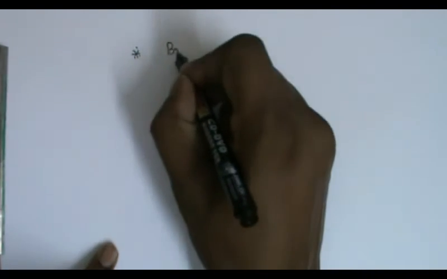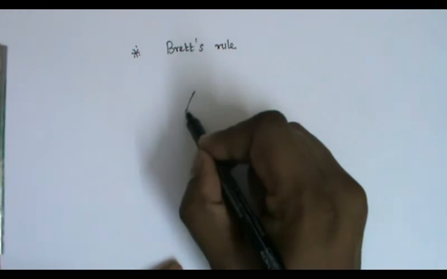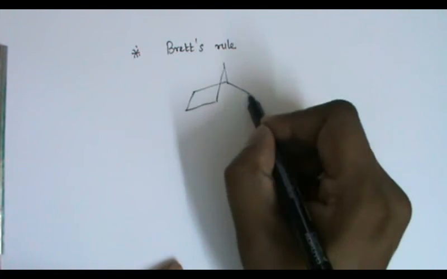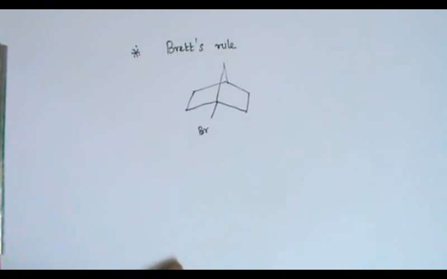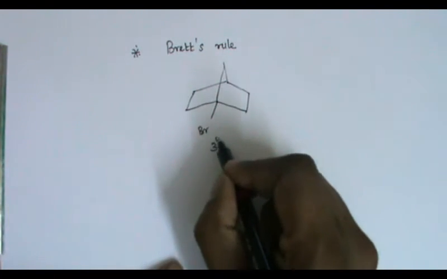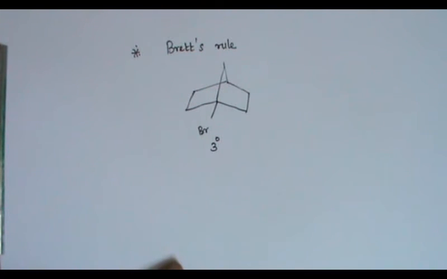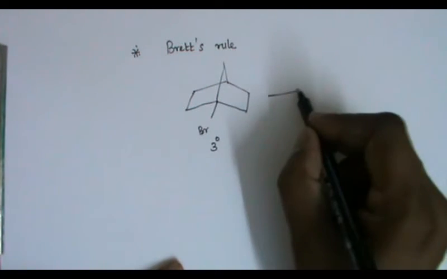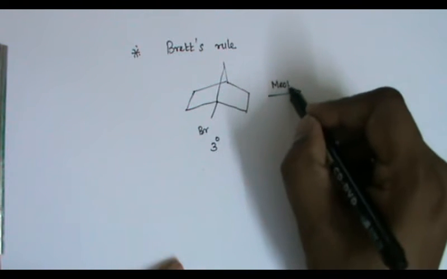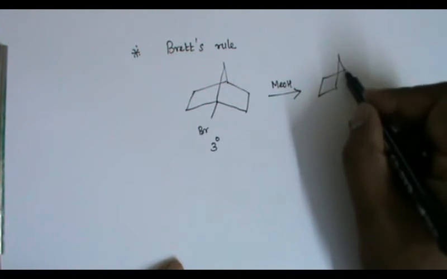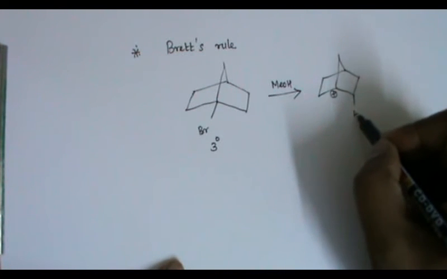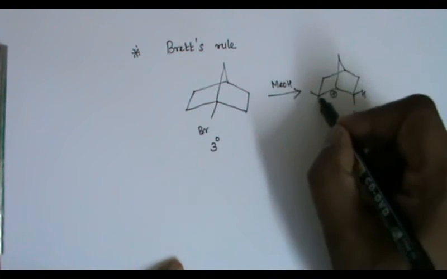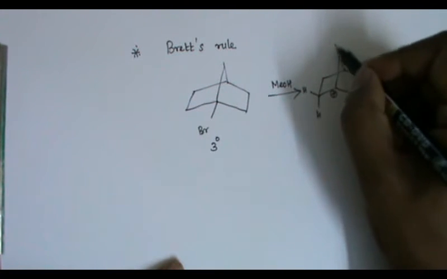Third important point, it is based on Bredt's rule. What is that? In a bridgehead carbon, say like this, it is a tertiary alkyl bromide. In the presence of methanol or water, it should give a carbocation. Since there are so many hydrogens, we have hydrogen here, here as well as here.